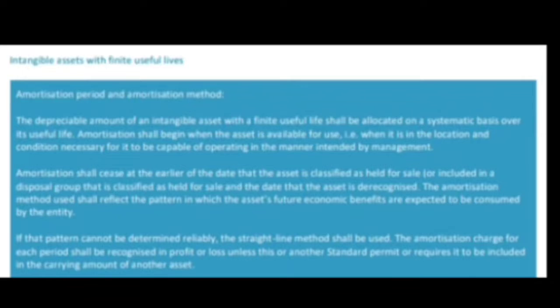In the straight line method, you charge the depreciation by dividing the cost by the total useful life of the asset. In the same way, you will charge the amortization if no pattern is selected.